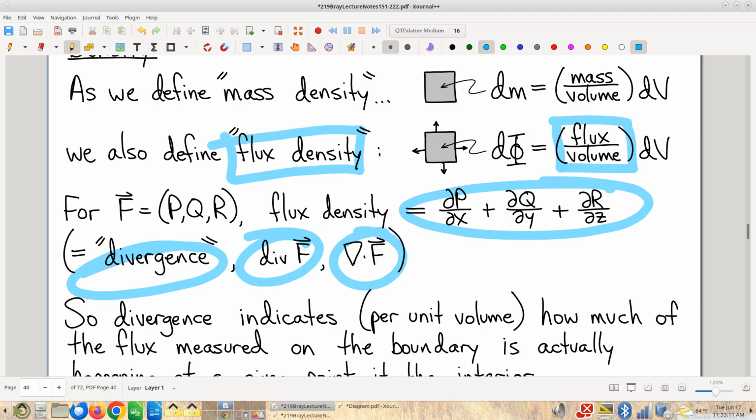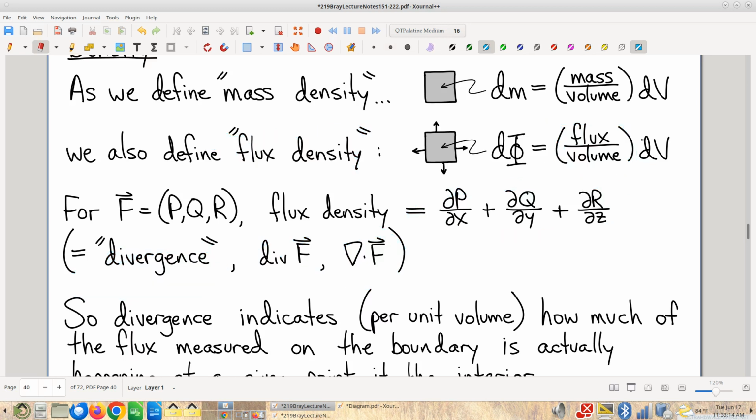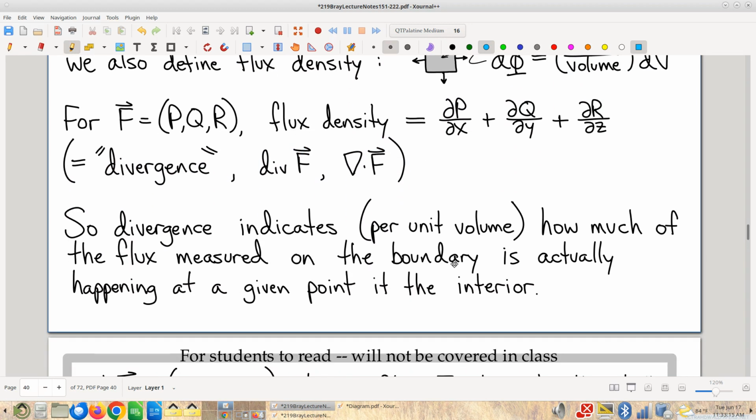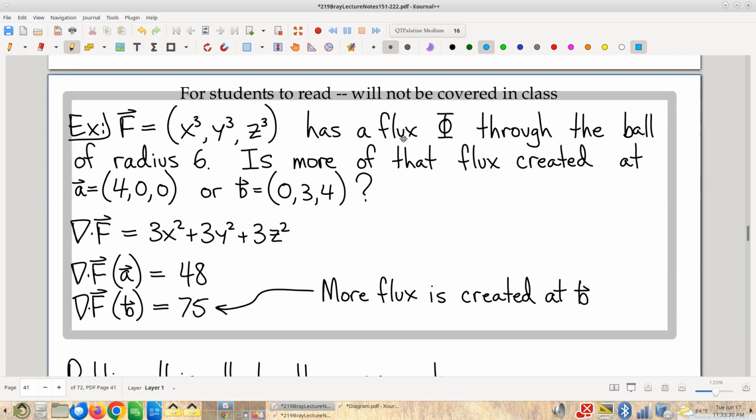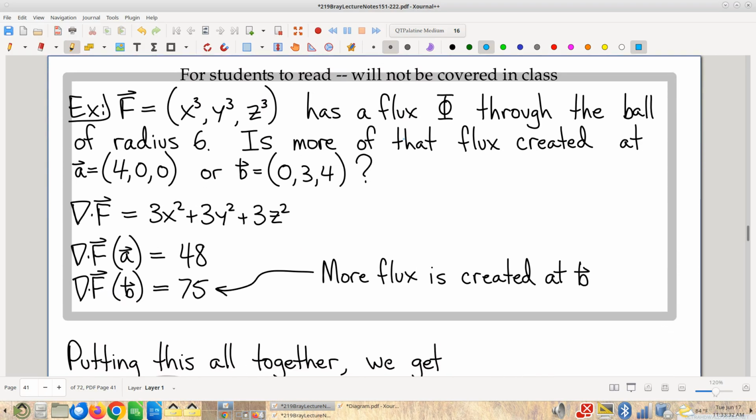Cool. Real quick, before we put it all together, let me remind you, because it is a density, right? Flux density is a density. It tells you where and how much stuff is happening wherever you might happen to be in the interior. So here's sort of the easy example. And you remember we did a sort of dumb example analogous to this back in chapter 6.